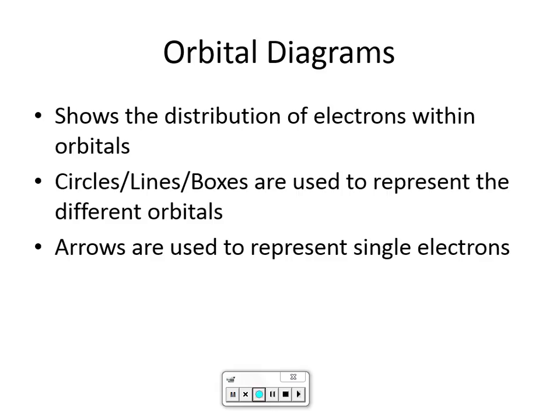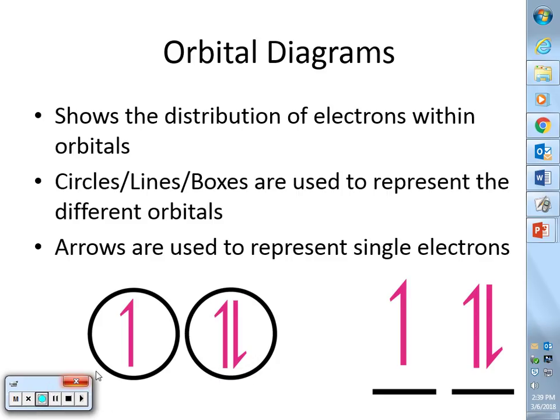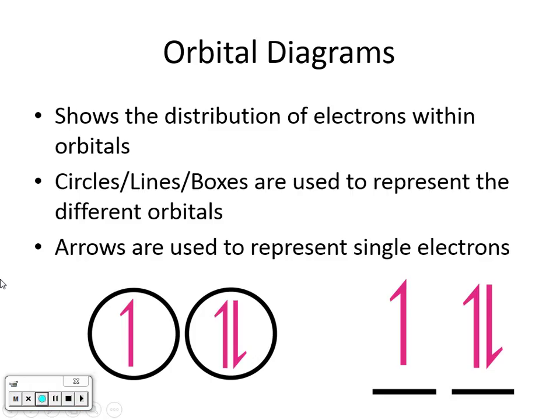So an orbital diagram could look something like this, where we have a circle that has some arrows in it, or we have a line that has some arrows above it. These two things down here at the bottom are not actual orbital diagrams. These are just representations of what they could look like.